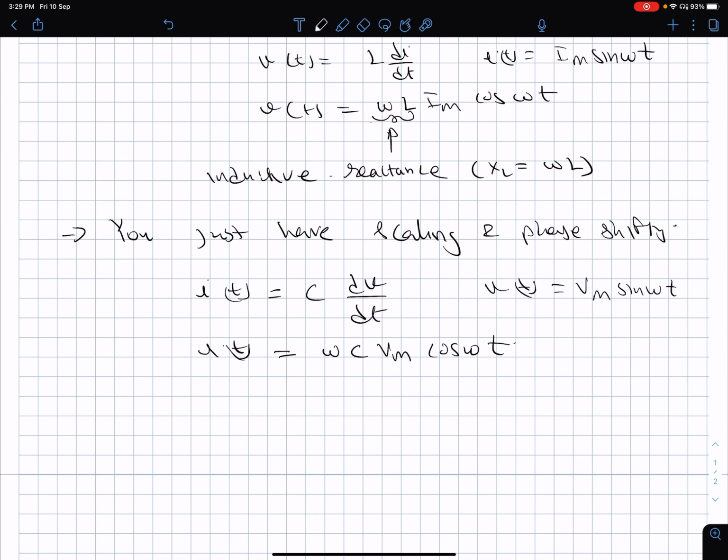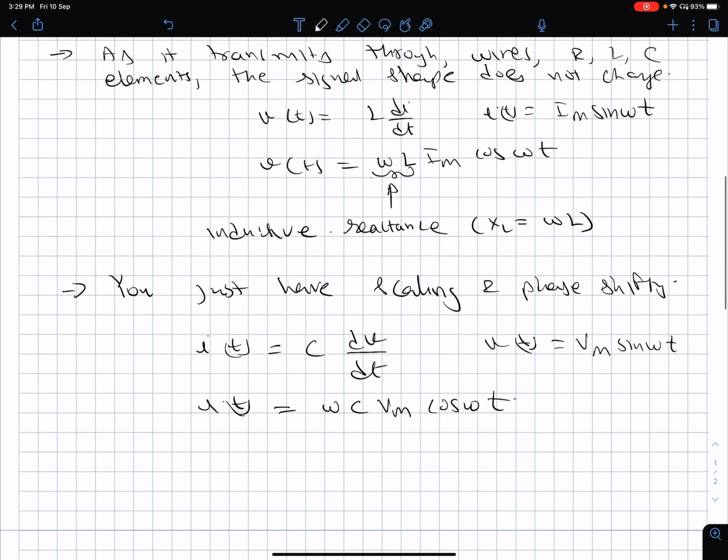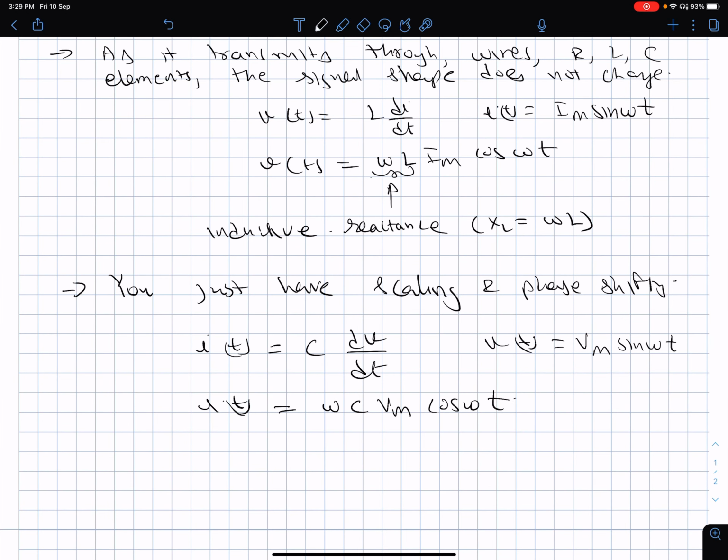So in this case, I call this the inductive reactance because of the analogy that v(t) is equal to R i(t). This is for a resistive circuit.